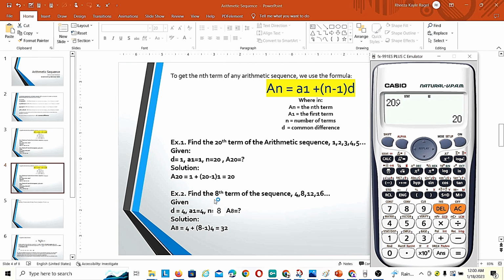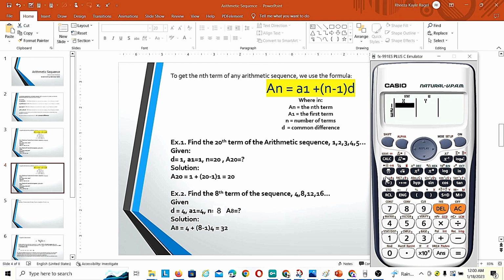Here's another one. Find the 8th term of the sequence 4, 8, 12, 16. Again, we have to press mode and then 3, and if we are in arithmetic sequence, we have to press 2.